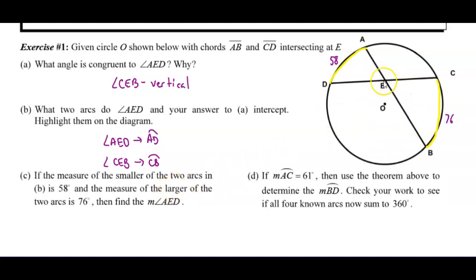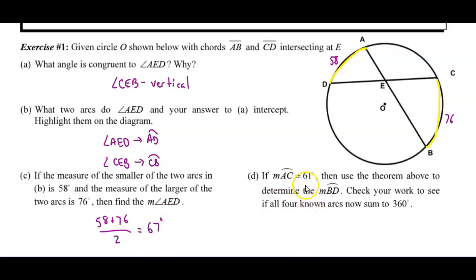Well, AED is the same as CEB, and those angles are going to be half of the sum of the two arcs that those angles subtend. So if I take 58 plus 76 and do half of that, I'm going to get my total. That's going to come out to 67 degrees.